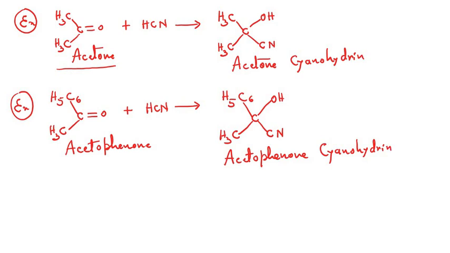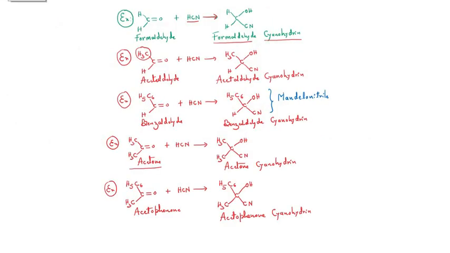Like this, students, you have to write as many examples for each nucleophilic addition reaction. In example 1 I have taken formaldehyde. In example 2 I have taken an aldehyde other than formaldehyde, and these two are aliphatic aldehydes. In example 3 I have taken an aromatic aldehyde, because here we have a C6H5.